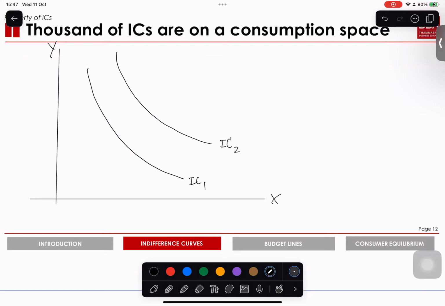Okay, when we wrote IC1 and IC2, it may give you the wrong impression that in between these two noodles there is nothing, but that's wrong. In between these two spaghetti noodles, there are thousands of indifferent curves lying next to each other.